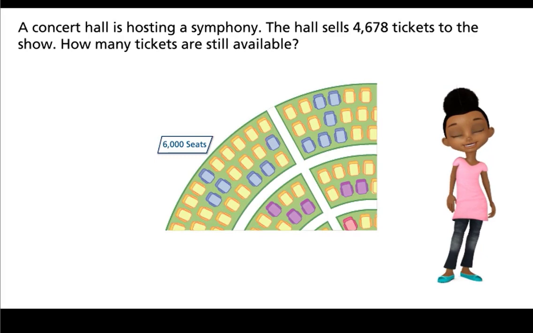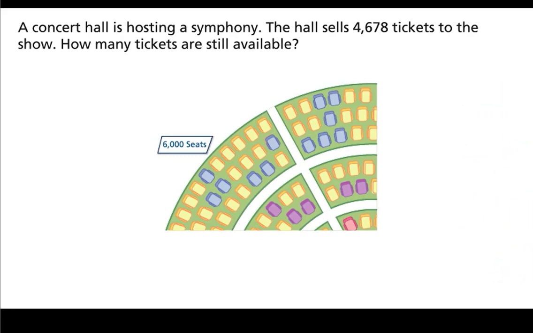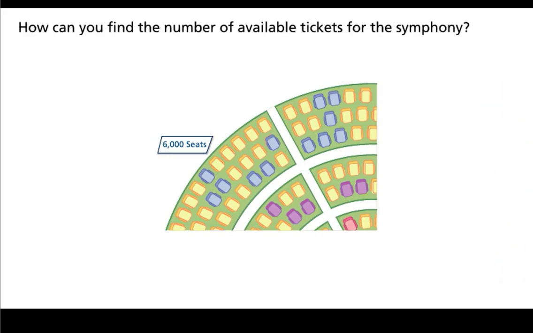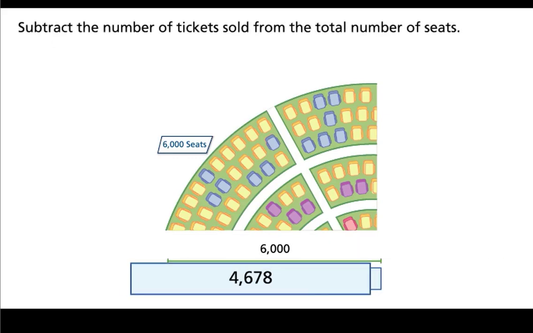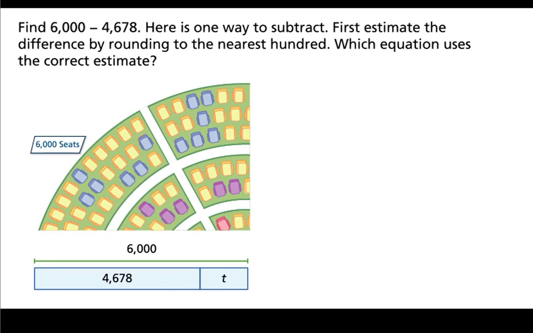How many tickets are still available? How can you find the number of available tickets for the symphony? Subtract the number of tickets sold from the total number of seats. Find 6,000 minus 4,678. Here is one way to subtract.